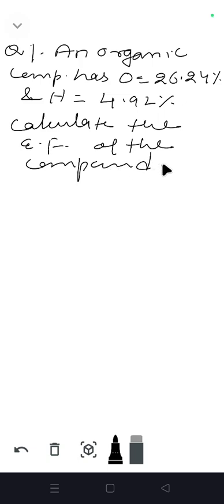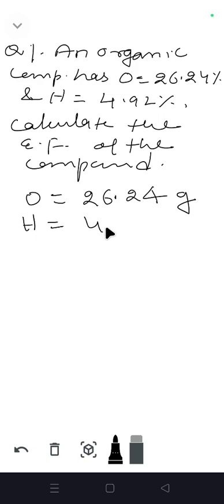Because it is an organic compound, it must have carbon in it. We have oxygen is 26.24. Suppose it is gram. Hydrogen is 4.92 gram.